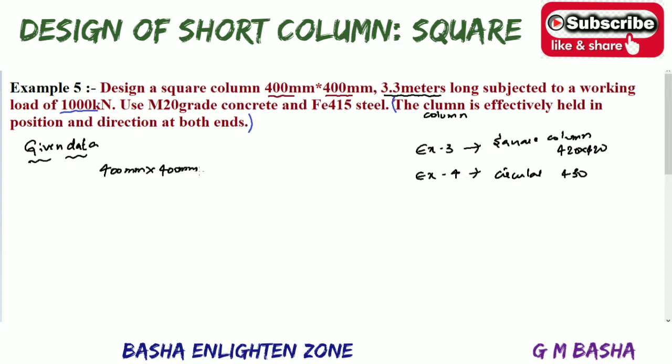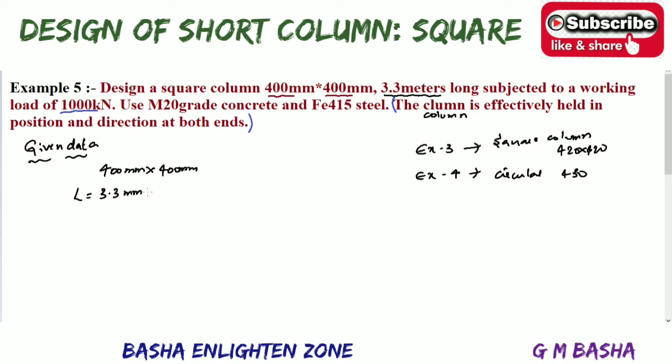But here the column length is restricted to 3.3 meters. In the last problem they mentioned the size of the particular column but not the length, so they just asked to find the size of the column and design based on that.